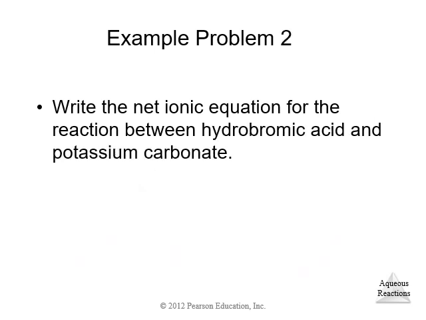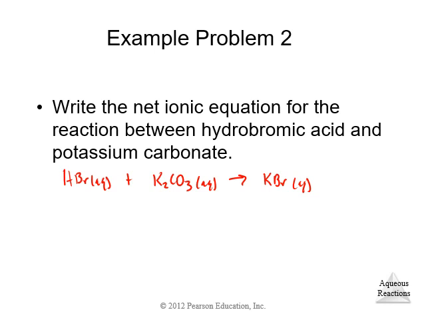So let's look at one more example, and in this case we're going to look at an example that's occurring between hydrobromic acid and potassium carbonate. Now for this reaction, hydrobromic acid is HBr, potassium carbonate, I have K2CO3, which is aqueous, and now for the products I'm going to get potassium bromide, and we would think it would be carbonic acid, H2CO3.